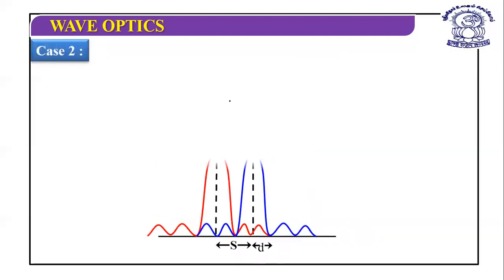Let us take case 2. In this situation, if S is greater than D, that means the separation between the central maxima of two objects is greater than the distance between the central maximum and first minimum. In this case, the two objects are said to be well resolved.